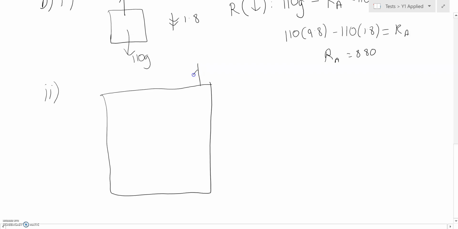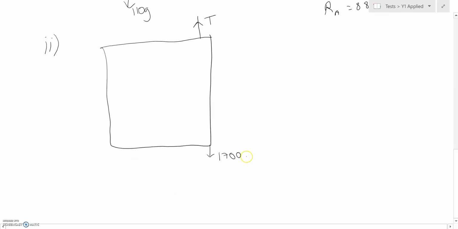So the lift, just the lift, has a tension from the cable. Just the lift has a mass of 1,700, so the weight is 1,700 G. And just the lift is being pushed by this force from box B. The lift is accelerating downwards at 1.8 meters per second squared.